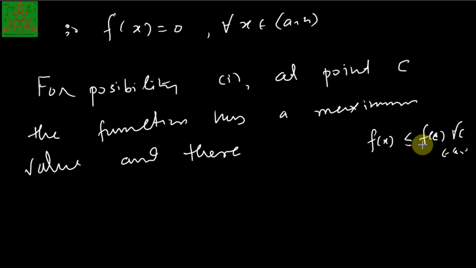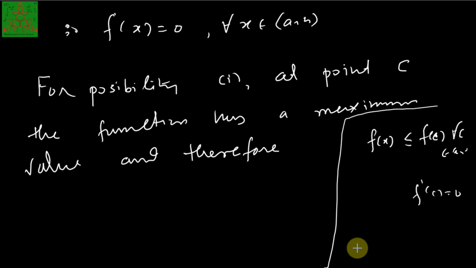In particular, what I can say is regarding the left hand limit and the right hand limit of the derivative at this point. So my ultimate goal is to prove that f dash of c is 0. But what is the meaning of f dash of c? We know that it is the limit as h tends to 0 plus and 0 minus of f of c plus h minus f of c upon h, which is equal to 0. This is my objective to prove.